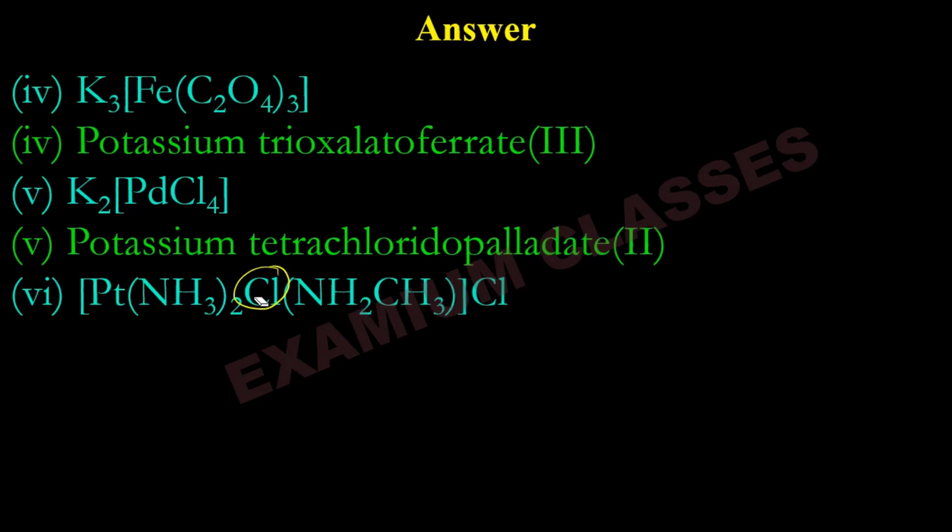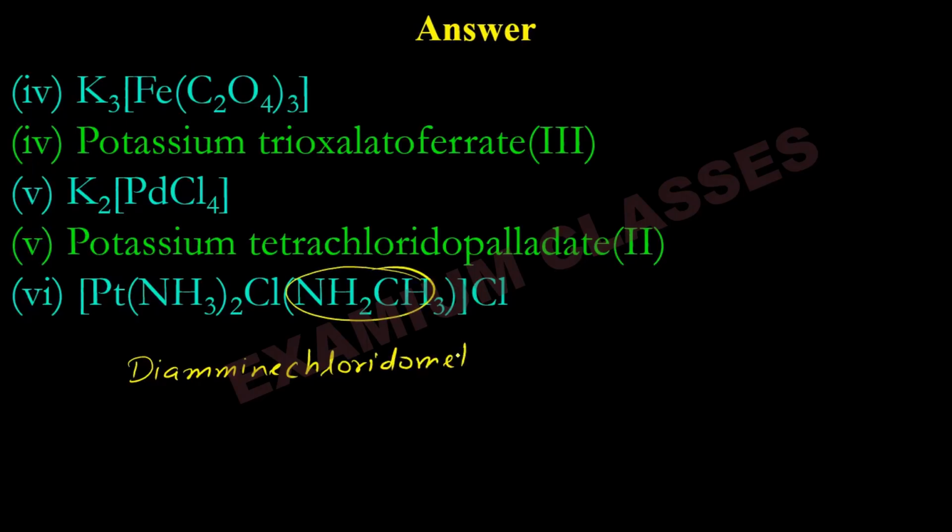So we will write diammine, chlorido, and this one is methylamine, and platinum will be written as platinum because here it is the cationic part. So we will say platinum.